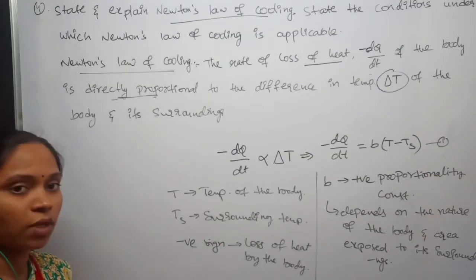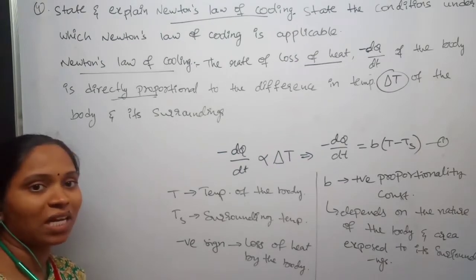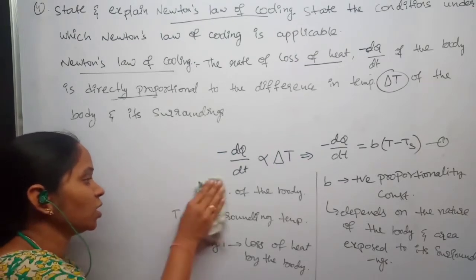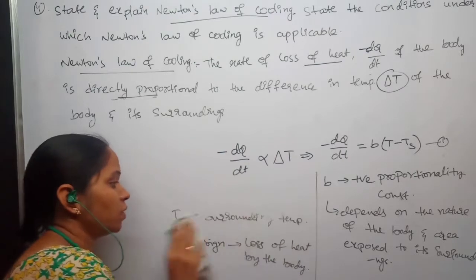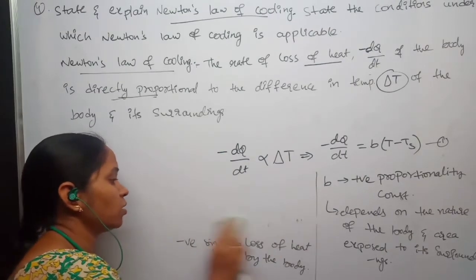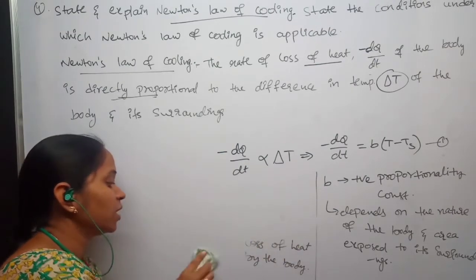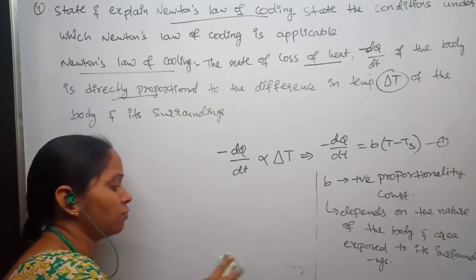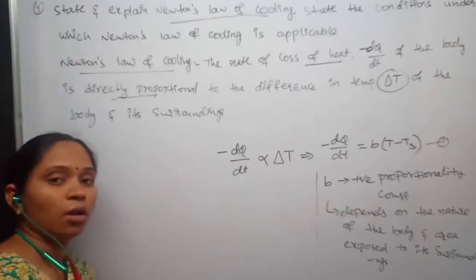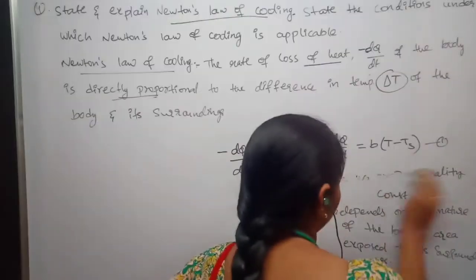And in this question we are going to use specific heat capacity. What is specific heat capacity? I will define the specific heat capacity, but I will derive the equation and give a clear explanation in our further classes.